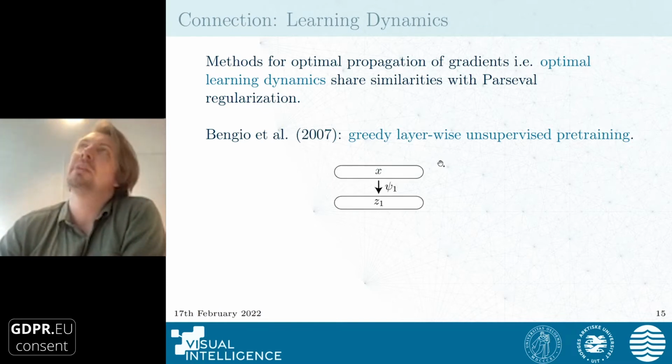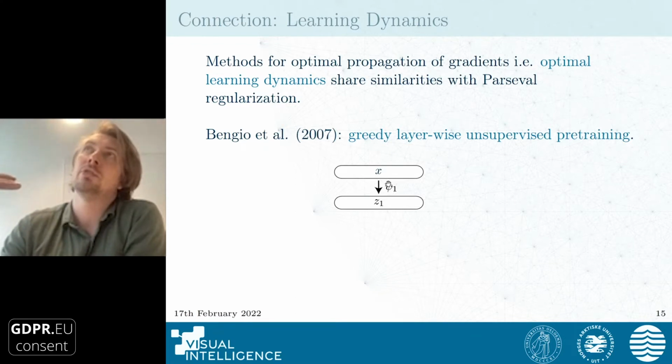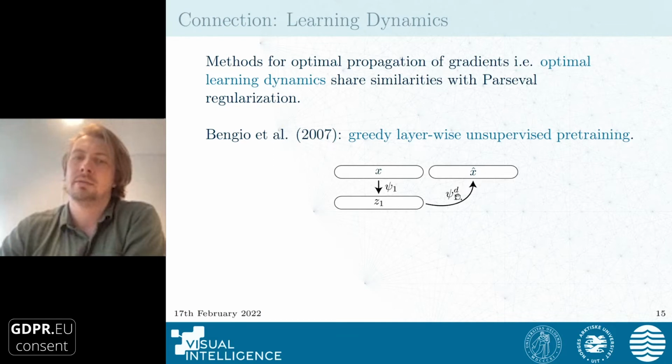And basically what you do is you take your network and train one layer at a time, computing its output, and then you append a decoder to reconstruct the input for the first layer.